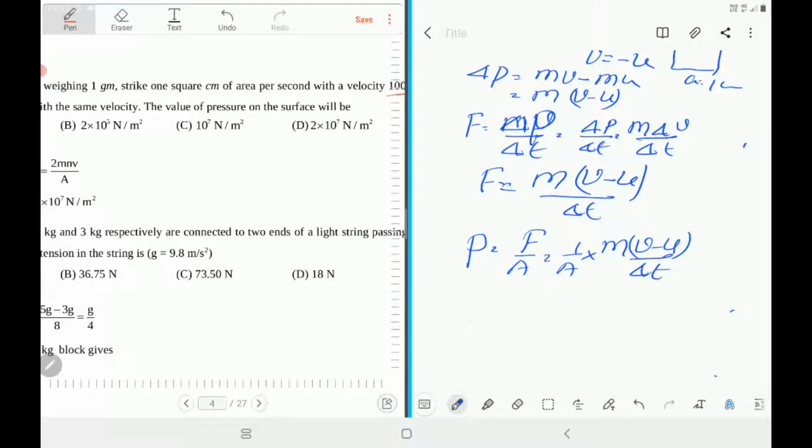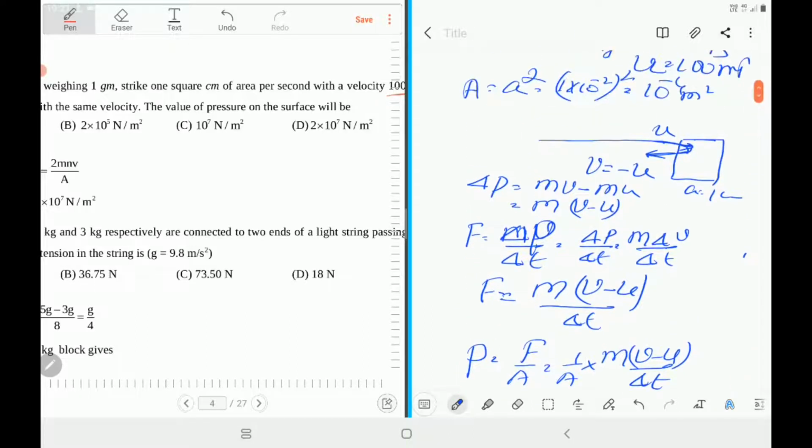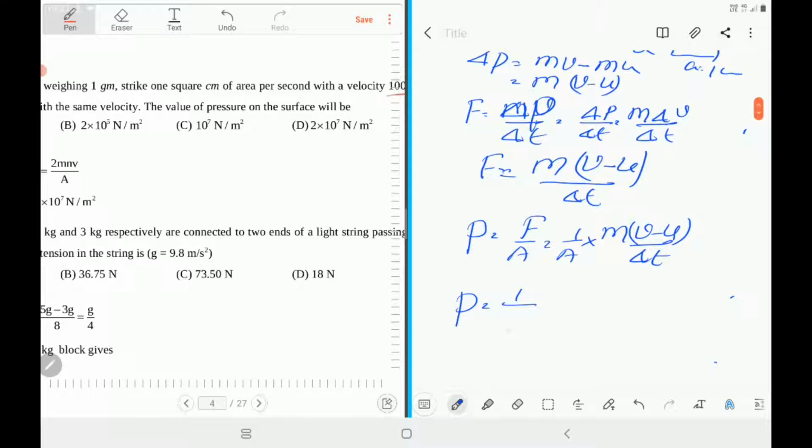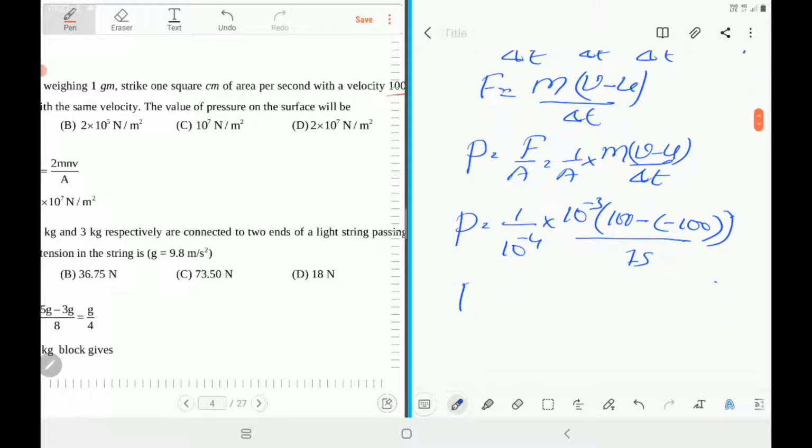So let's find P. 1 by A. What did we find A? A is 10 power minus 4. Mass 1 gram, 10 power minus 3. Velocity 100, final velocity minus initial velocity, minus 100. Initial velocity compared to final is opposite. Time is 1 second.